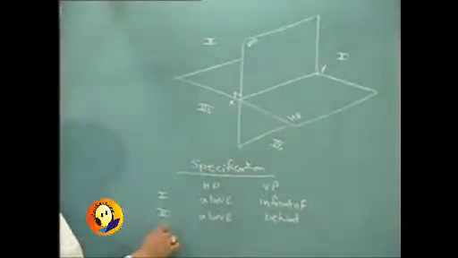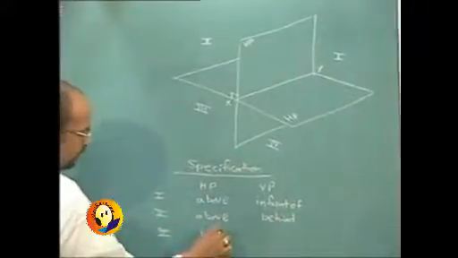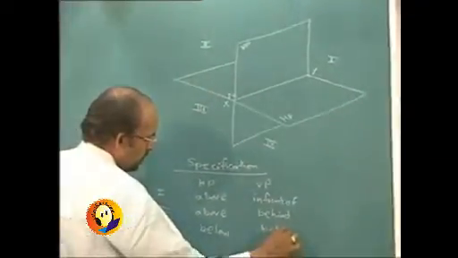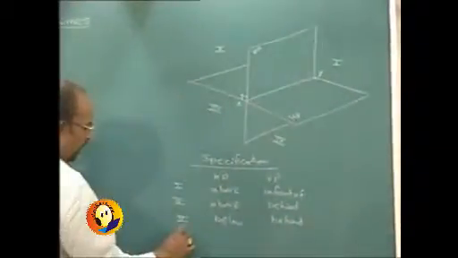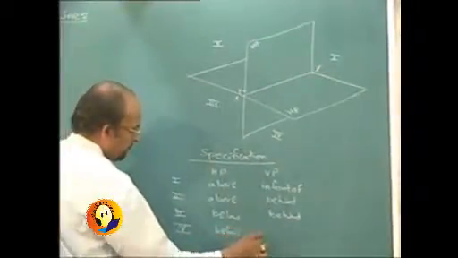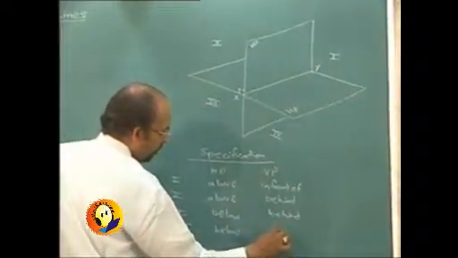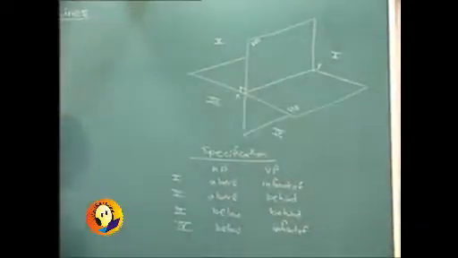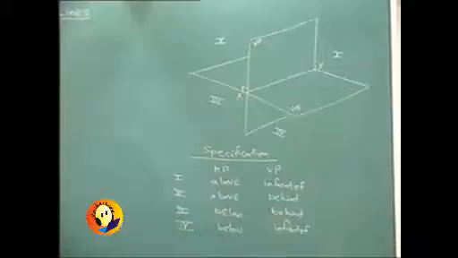Quadrant number 3 is below HP and behind VP. And quadrant number 4 is below HP and in front of VP. This much information we always have.